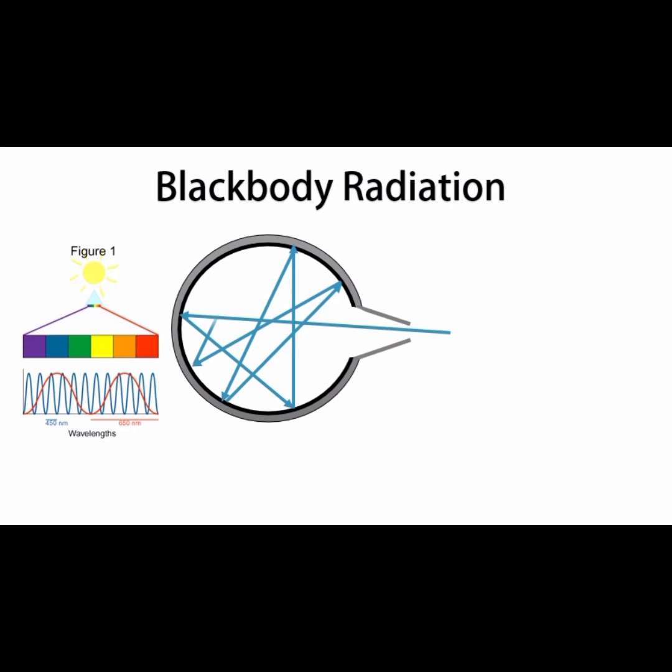In each collision, 99% of the radiation is absorbed, and due to the absorption, the temperature also increases, and as a result, it starts to emit radiation through the narrow hole, and all wavelengths are present in the radiation, called blackbody radiation.